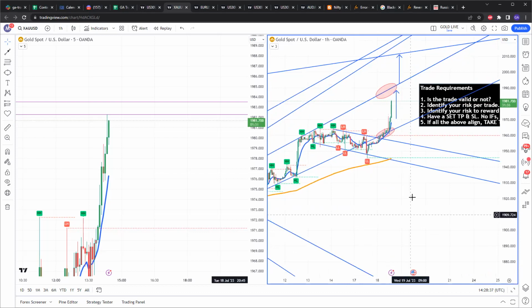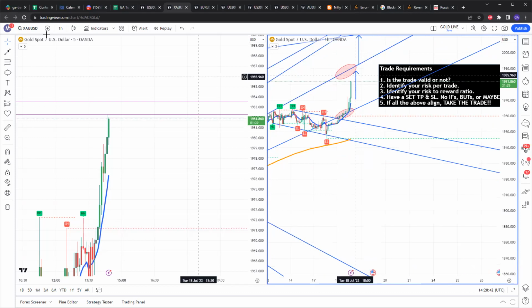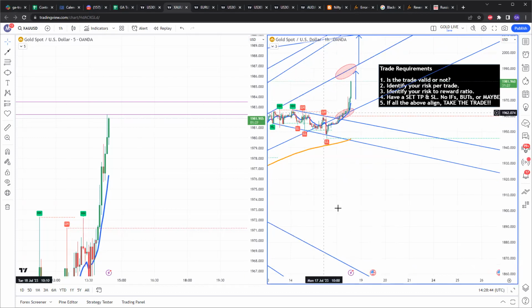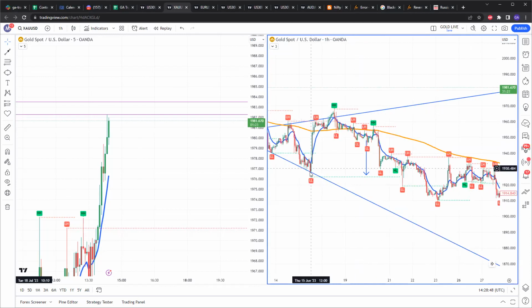So for me to even think of a head and shoulder, price would have to be all the way. Let me give you an example. I know there was a time we had a head and shoulder here. So for me to see this head and shoulder, we have this right here, the head, the right shoulder, and then the drop.